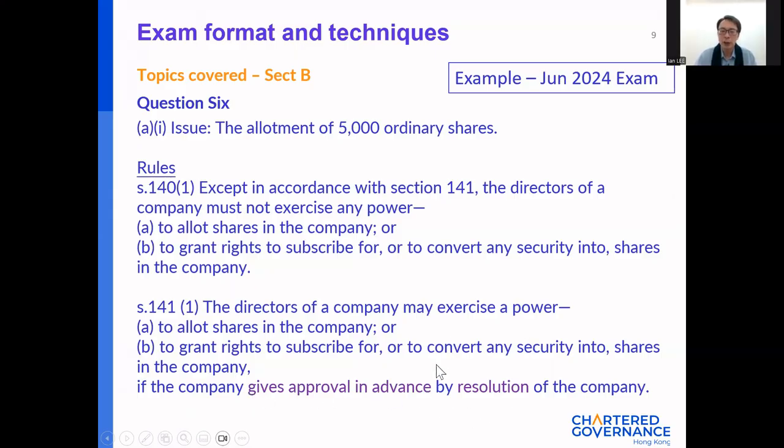What is the threshold requirement? It is by resolution. So that means ordinary resolution. That means a simple majority, more than 50%. So if you can get 51% of ordinary shares voting, approving, that is sufficient. If you have 50.1%, that should also be sufficient as well.